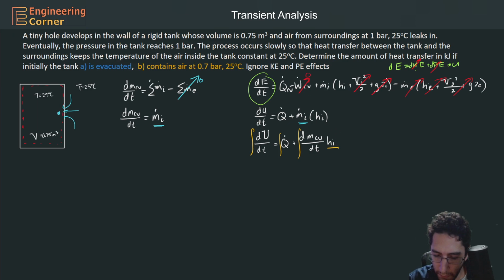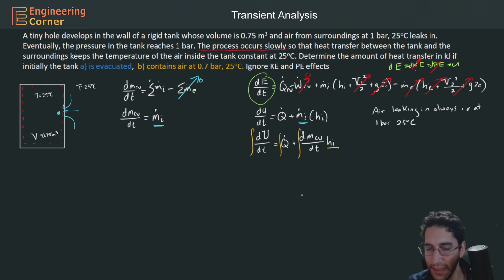A really important word to look for is that the process occurs slowly. Because the process occurs slowly, this means that the air leaking in is always at 1 bar, 25 degrees Celsius.